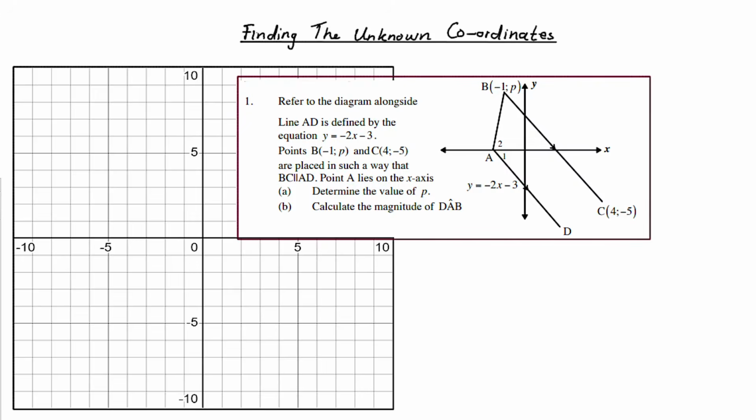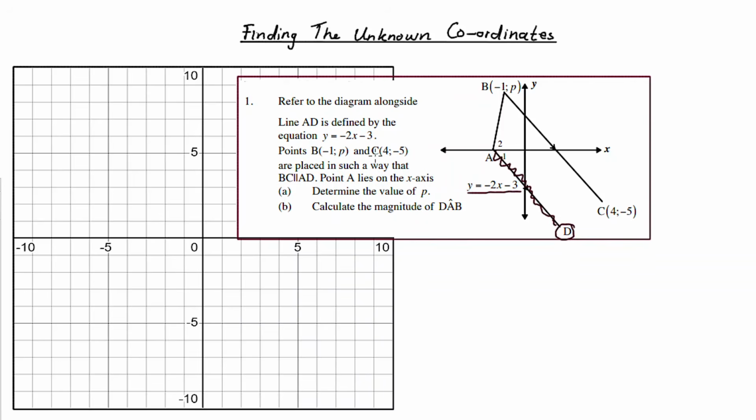So here's an example of a question from a textbook where we are asked to refer to the diagram alongside line AD. We're not going to solve this. I'm just showing you an example of what to expect maybe in a test or an exam. So line AD is defined by this equation.